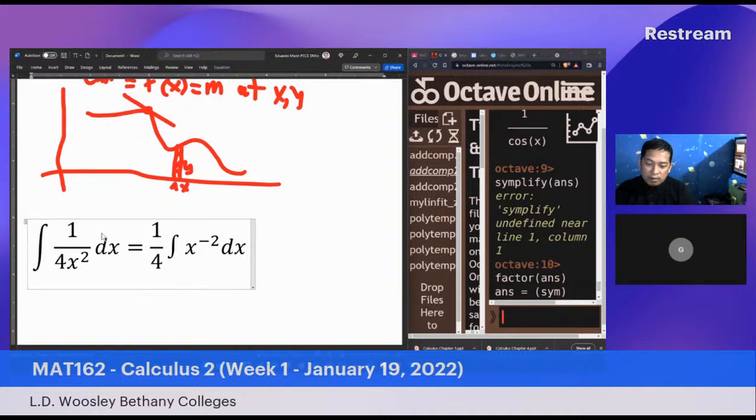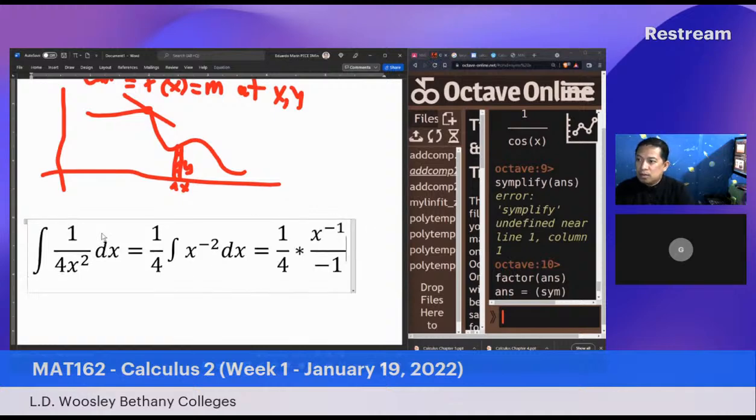And then, simplify, integrate. Integrate po. 1 over 4, parenthesis ng x raised to negative 1 over negative 1 po. Okay, good. Okay, simplify. Negative 1 over 4x plus c. Okay, very good.